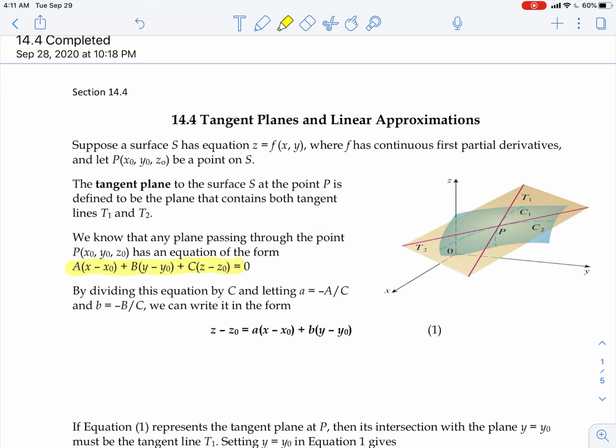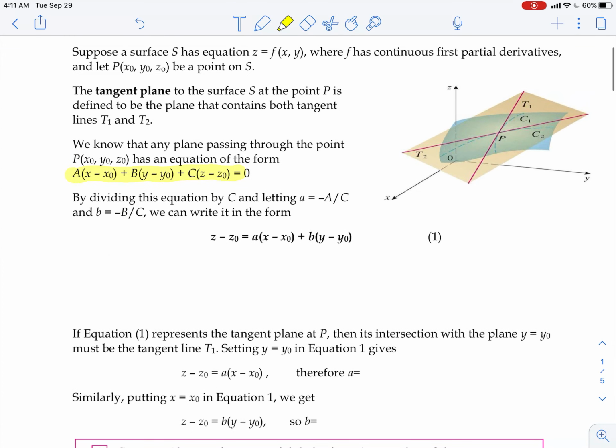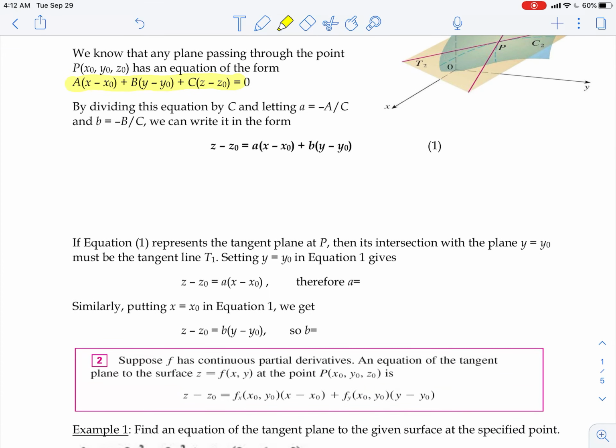By dividing this equation, we're just going to rewrite it and divide everything by c. If we do that and then shift everything over to the right, instead of writing our tangent plane equation that's highlighted, we can write this in terms of z minus z sub 0, where a becomes negative a over c and b becomes negative b over c, and so we can write our tangent plane in this form.